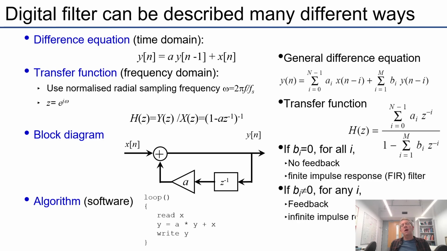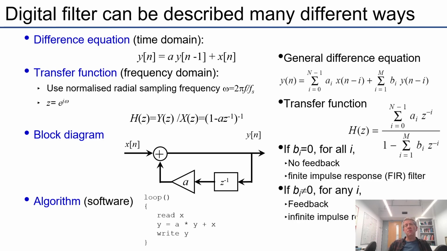The system that acts on a signal can be represented as a difference equation, time domain, where the current output is, for a linear system, some function of previous outputs and current and previous inputs.